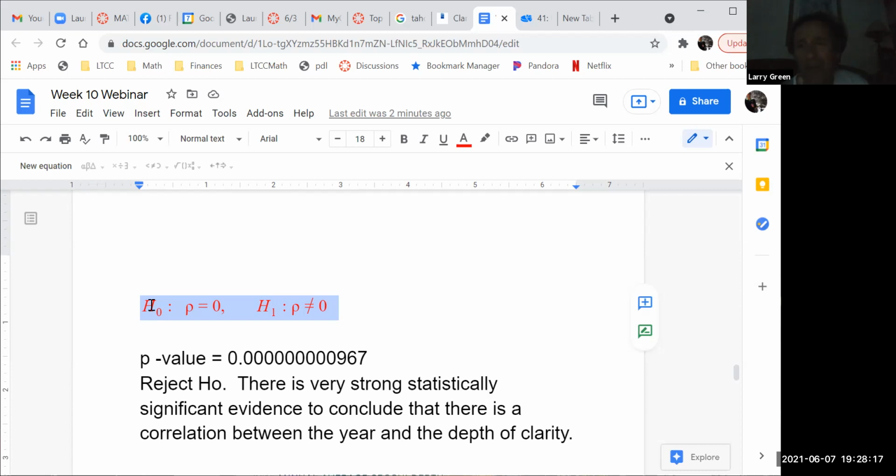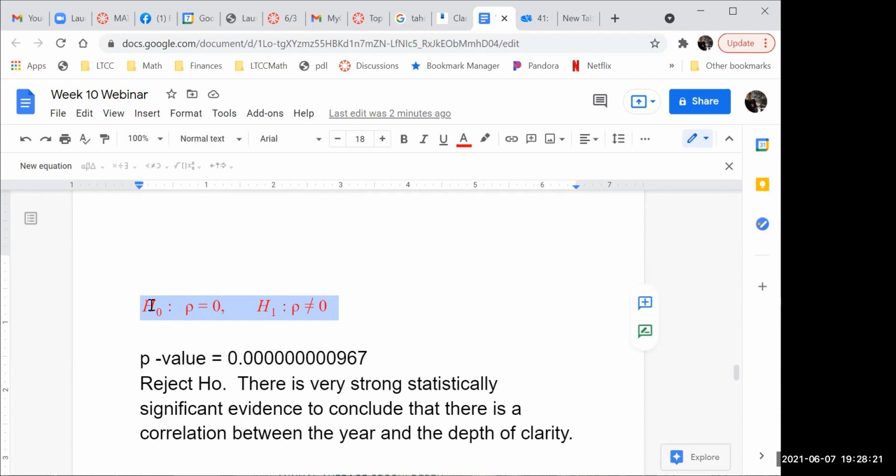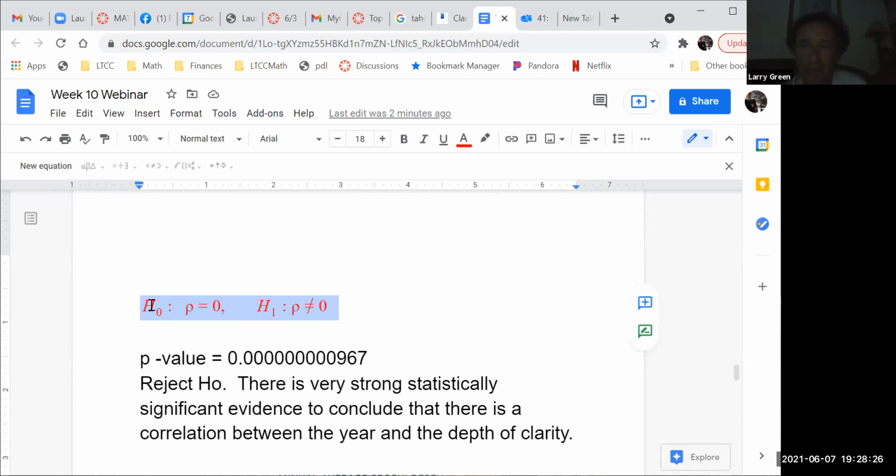Whereas chapter 11, remember H naught and H1 had words. And one of the words, for example, for goodness of fit, what was the word you had to use? Do you remember? That's a requirement for our class.